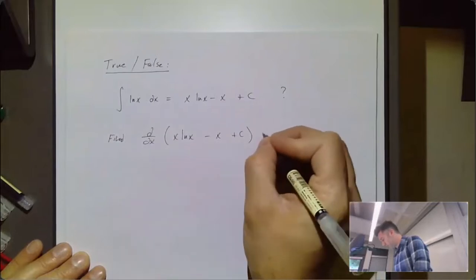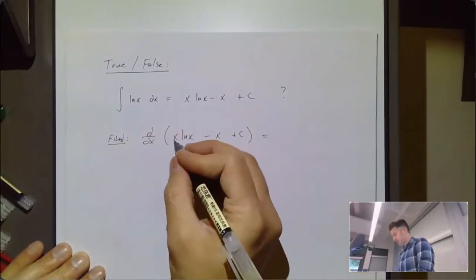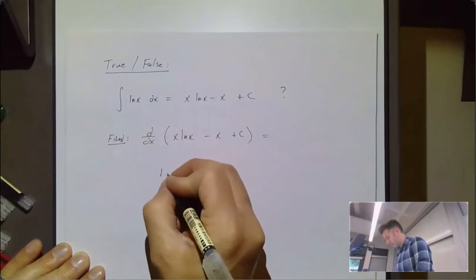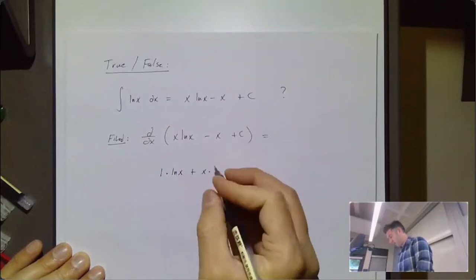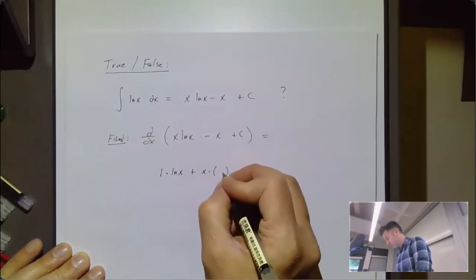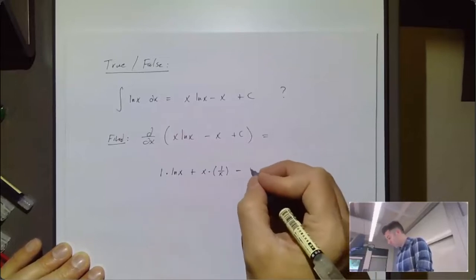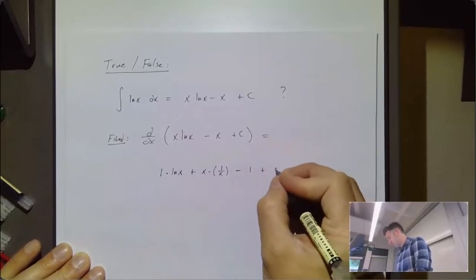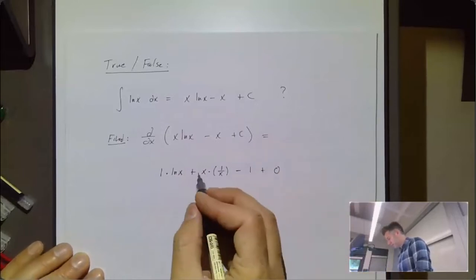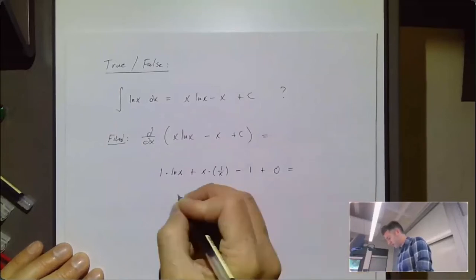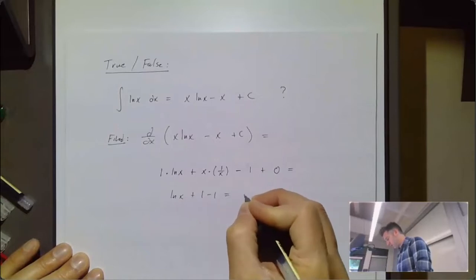I'll use the product rule here, so it's going to be the derivative of x times natural log of x, plus x times the derivative of the natural log of x, which is 1 over x, minus the derivative of x, which is 1, plus the derivative of c, which is 0. And that looks like it's going to work out because x times 1 over x is 1. So I have the natural log of x plus 1 minus 1, which equals the natural log of x.